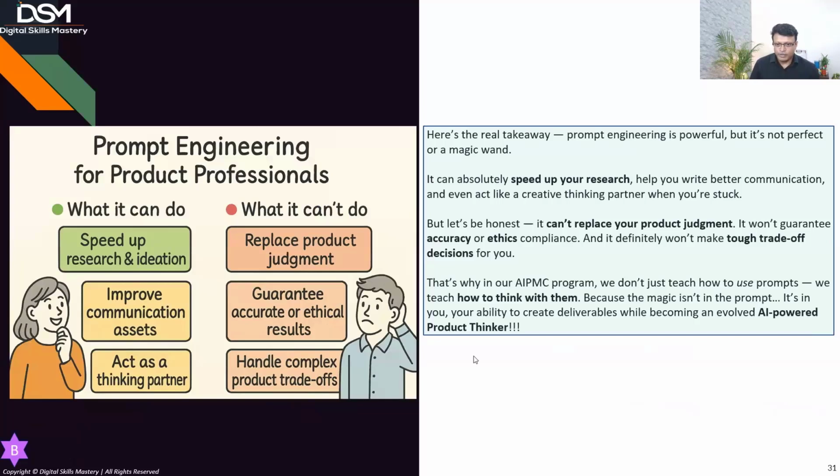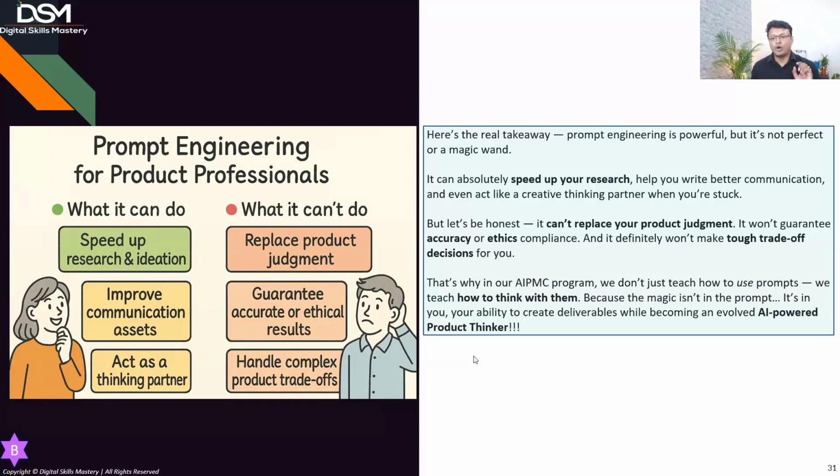Moving forward, what we're saying over here is prompt engineering, what it can do and what it cannot do. You cannot totally rely on the AI tools and prompt engineering because it cannot replace your product judgment, and it cannot guarantee accurate or ethical results, and it might not handle complex product trade-offs. I'm just saying might not because it's not that intelligent at the moment.